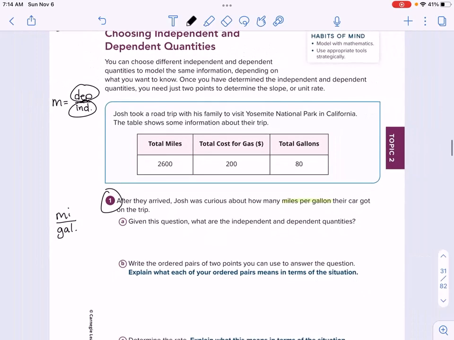Given this question, what are the independent and dependent variables? The numerator here is dependent, and the numerator here is miles. So let's put that right here. Dependent is miles, and independent, I'll put this in red, independent is gallons.